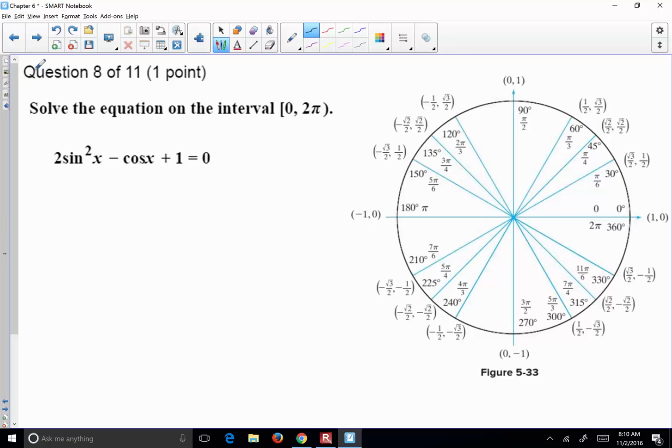Especially if one of them has a square. We need to make one into another, guys, and I need help. Look at your trig identity sheet. There must be an identity relating sine squared or cosine to each other.